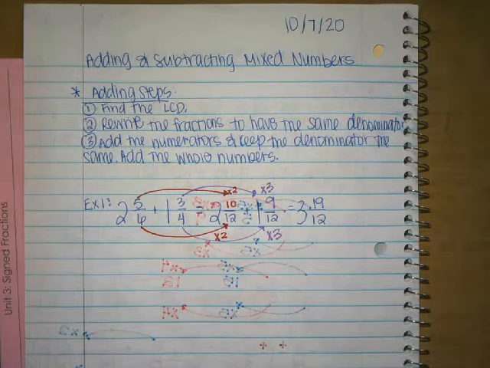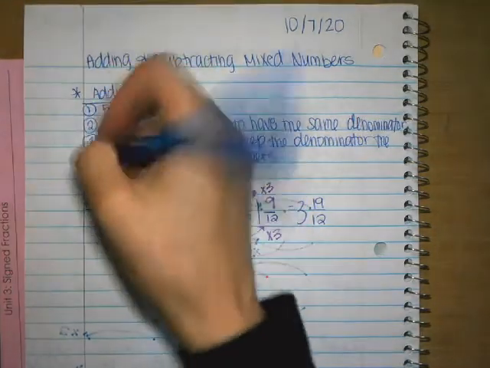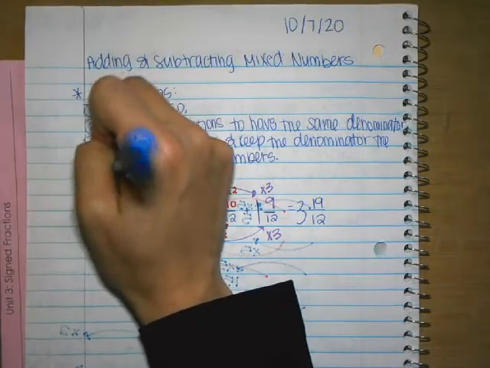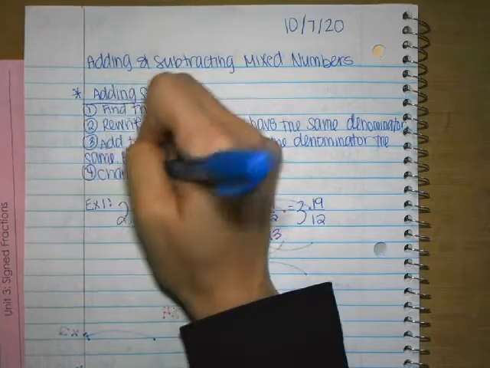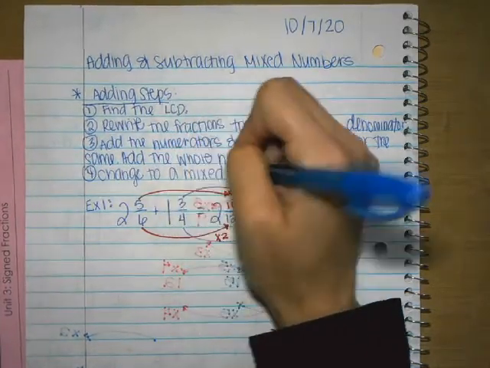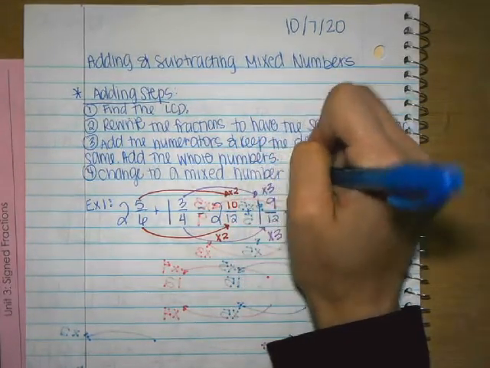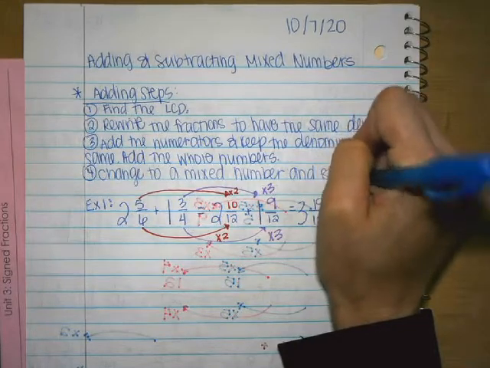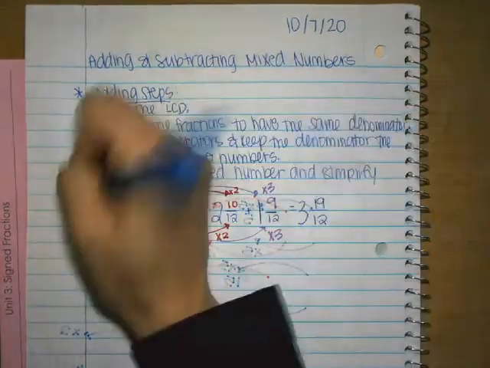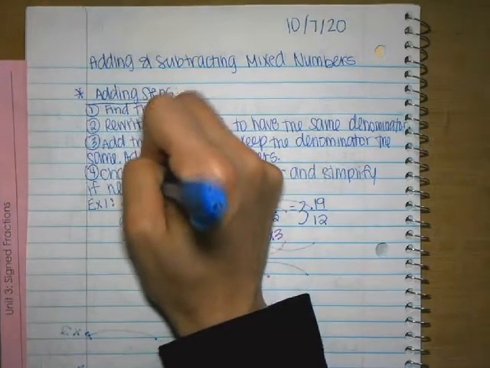What is always our final step with fractions? And change it to a mixed number. So step 4, change to a mixed number and simplify. Doesn't matter. Do the same thing.